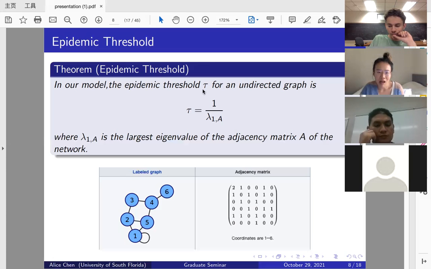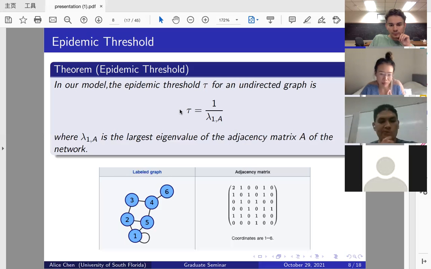All right, so this is our theorem. The threshold tau is defined as the inverse of the largest eigenvalue, and we're going to show why. The idea of the proof is to translate the virus problem into the stability of the nonlinear system. A system is stable if the first eigenvalue is small enough, and unstable otherwise.